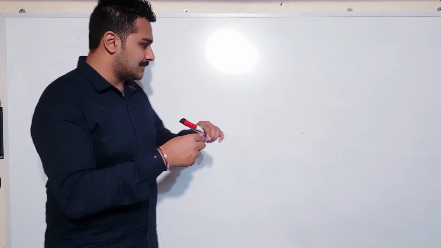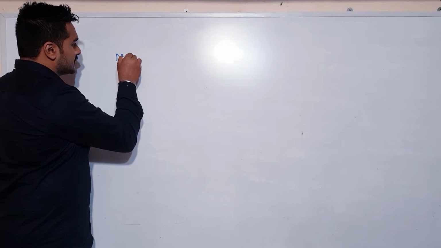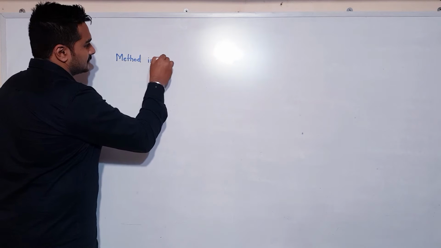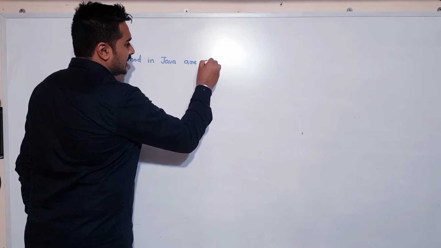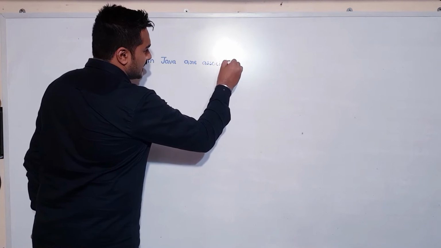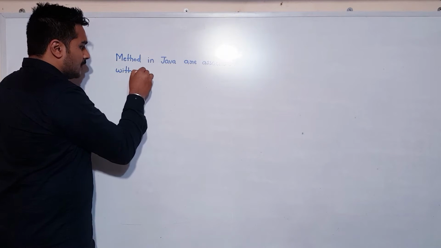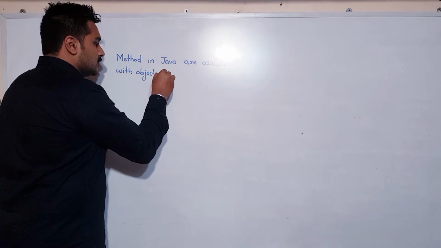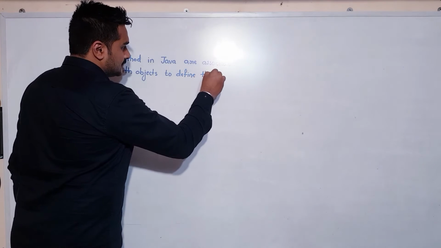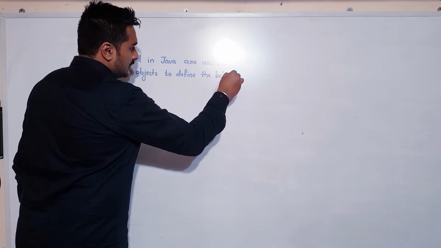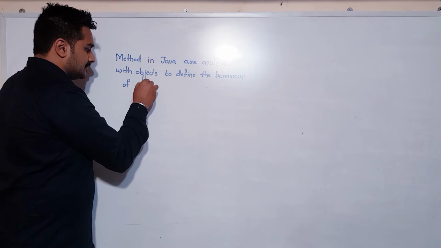So methods in Java are associated with objects to define the behavior of the object.